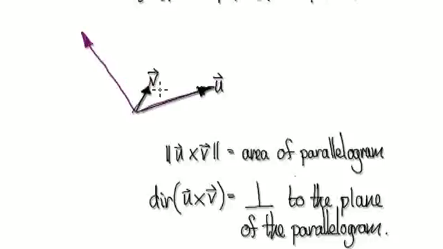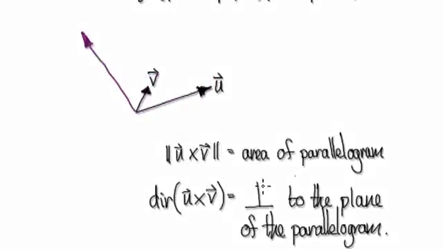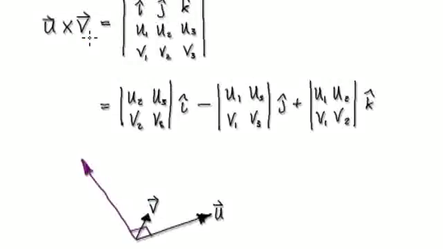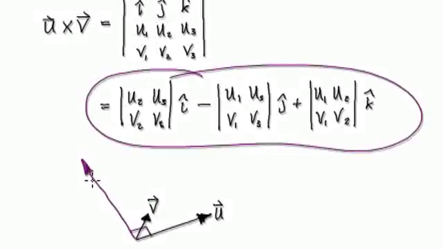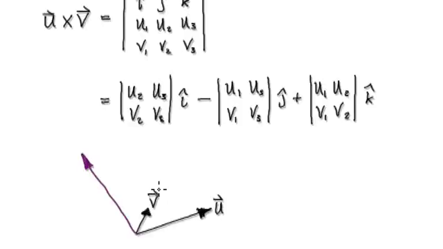So the other two vectors will form a plane, like a sheet of paper. Well, this vector here will come out of the sheet of paper, and it will always be perpendicular to the plane. Meaning the purple vector here will be 90 degrees to the u vector, and it will also be 90 degrees to the v vector.